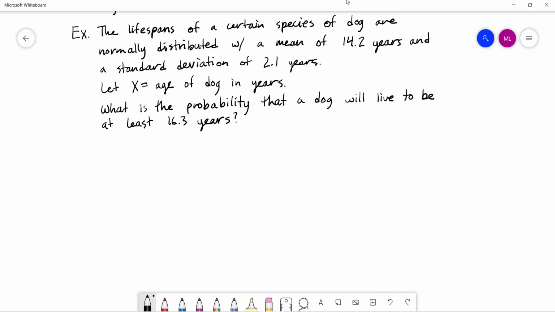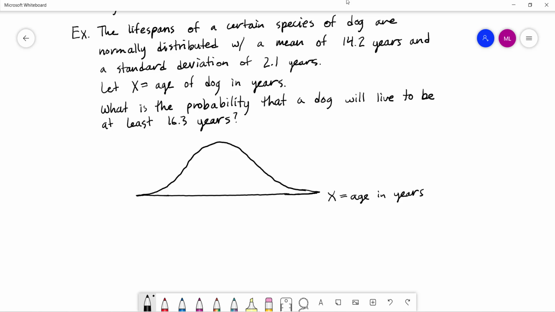Let me draw that as an actual straighter line. Here is my curve that's meant to be my normal distribution. This is x. Again, it's the age in years. And what is the center of this curve?